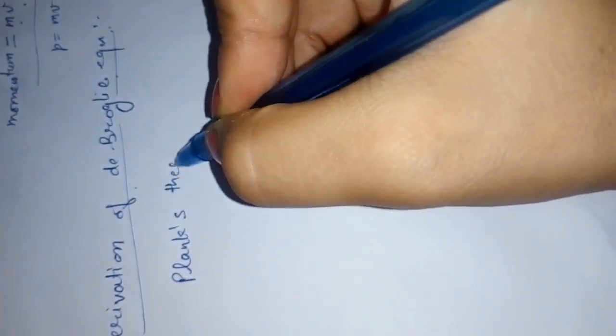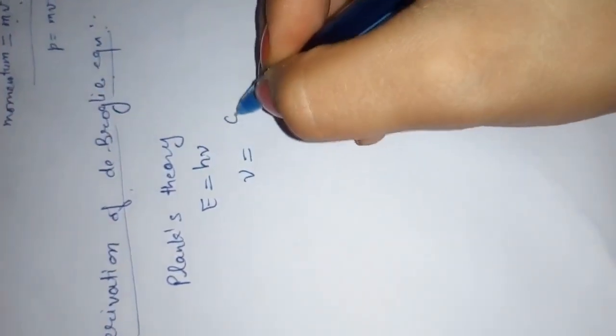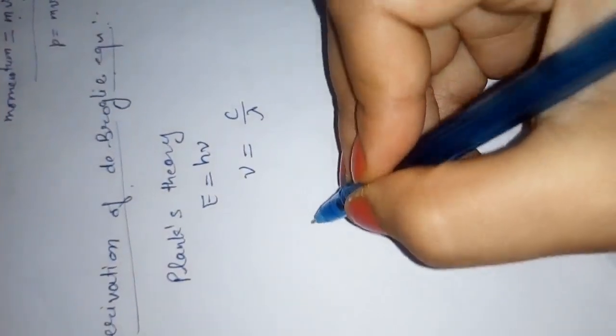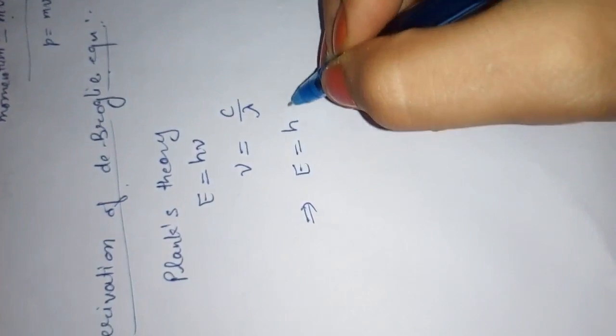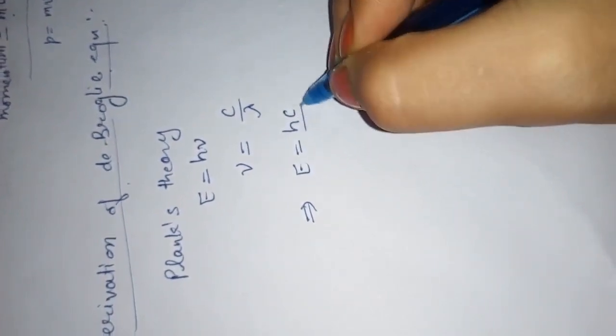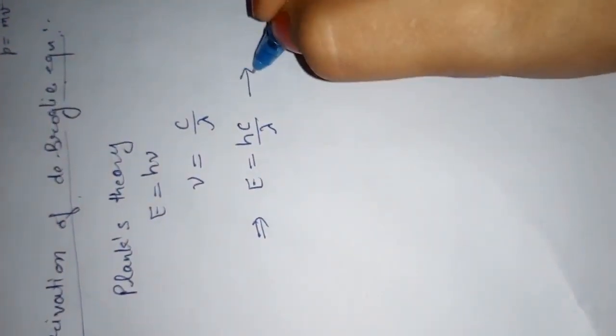According to Planck's theory, E is equals to h nu, and nu is equals to c over lambda. This implies E is equals to h c over lambda. Call this equation 1.